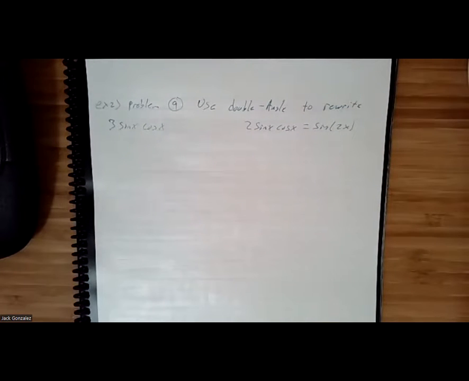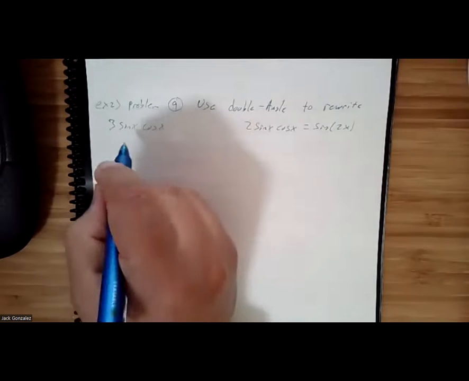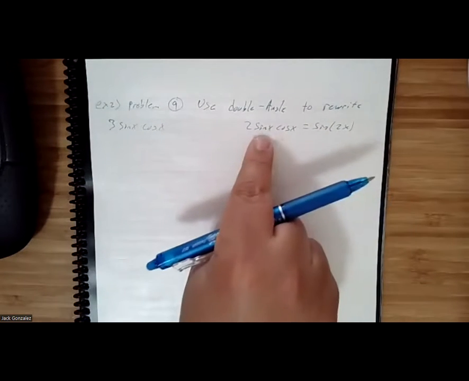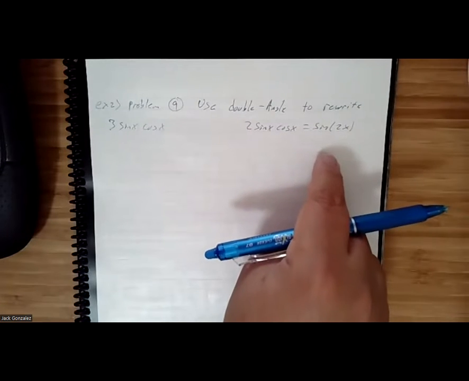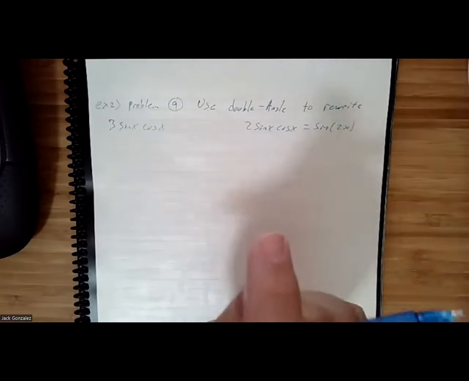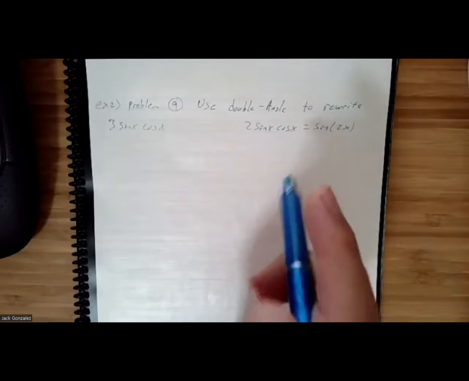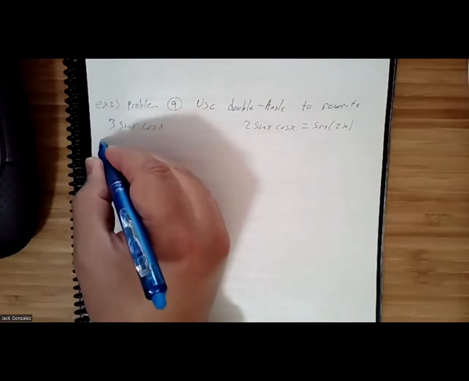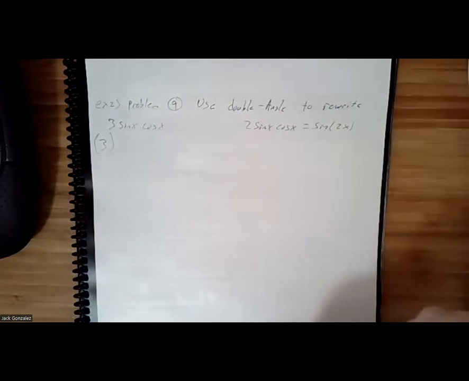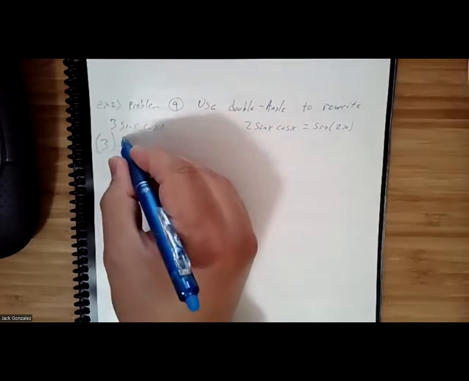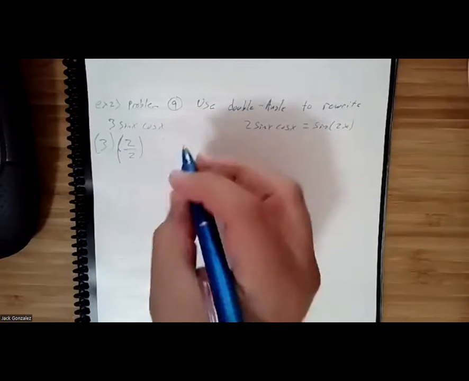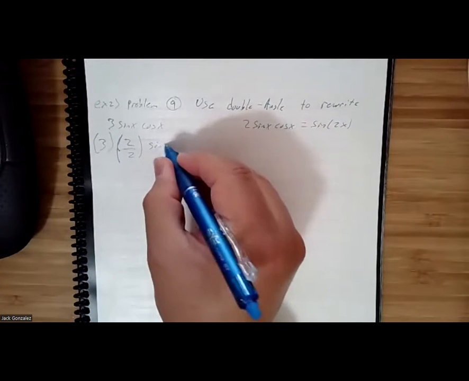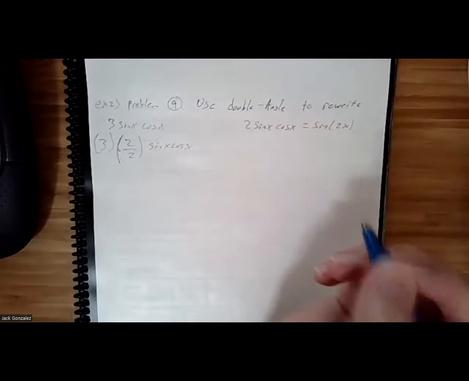That's the formula I gave you earlier. We have a 3, so it's not the same. So we've got to force it to turn into this. We just have to do some algebra. We ignore the 3, just leave it to the side, and remember that I can always multiply by 2 over 2, or anything over anything other than 0, on purpose. So now I see I have what I needed.